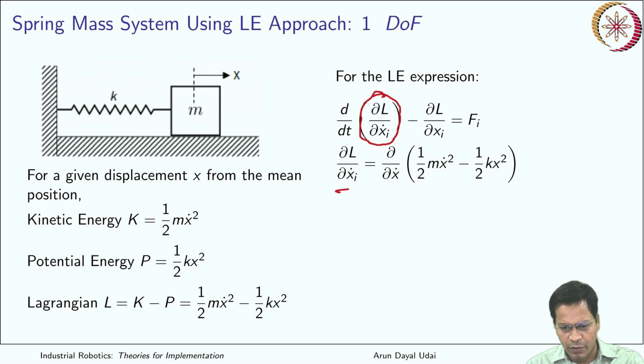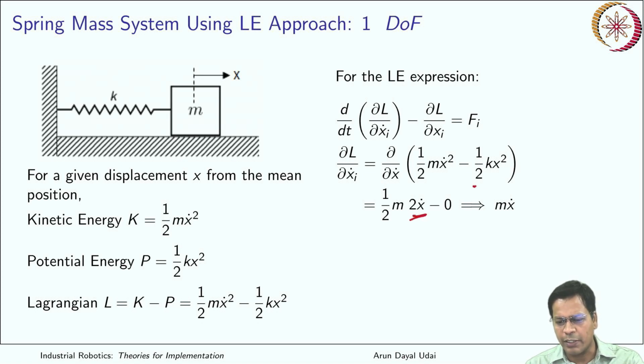Taking the derivative of the whole of this now, dou by dou x dot, applying it to the first term, only that remains. So this is equal to 1 by 2 m times the derivative of x dot square, which is 2 times x dot.